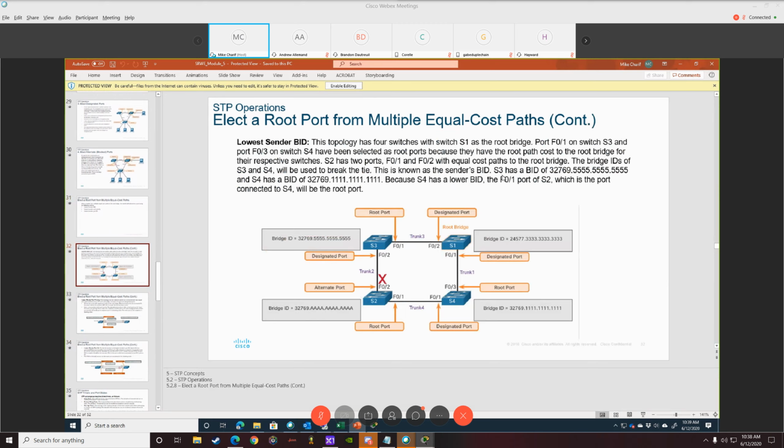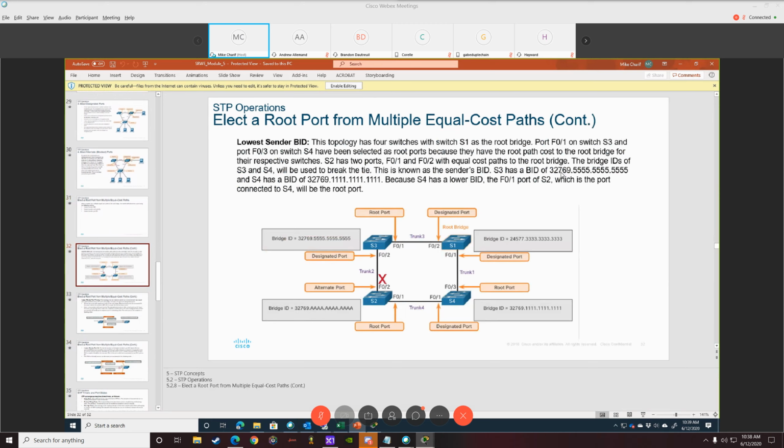S3 has this BID, with the same priority value as S2, but MAC address 5555. And S4 has 32769, the same, but with 11. Because S4 has a lower BID.